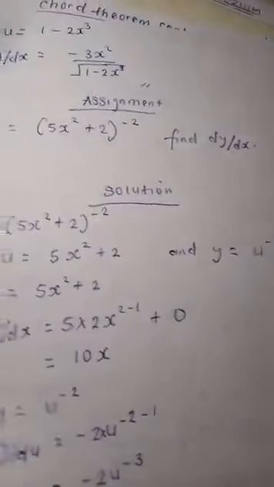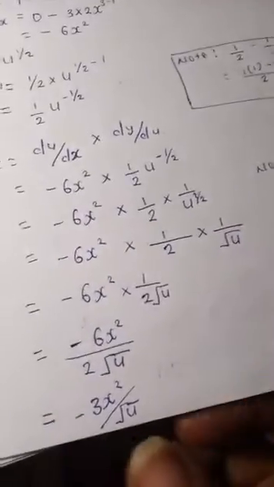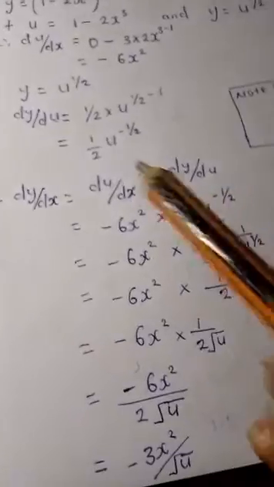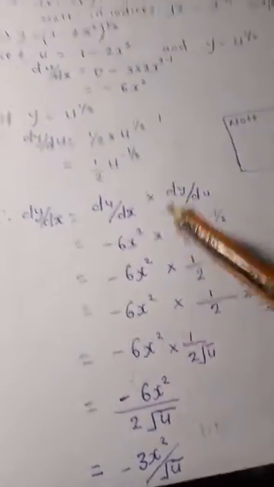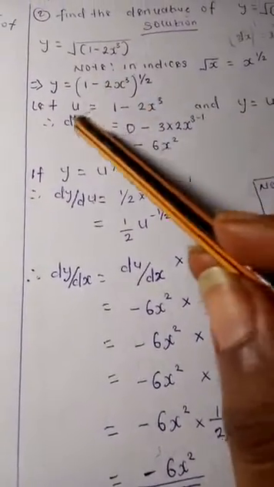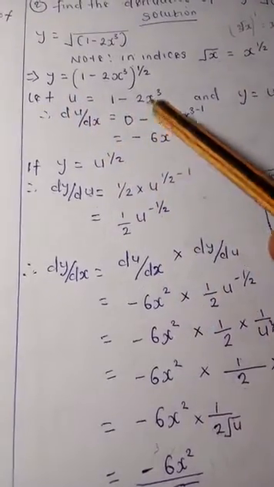But you cannot leave your answer like this, remember, because u has something in it. What is u? u is equal to 1 minus 2x cubed.